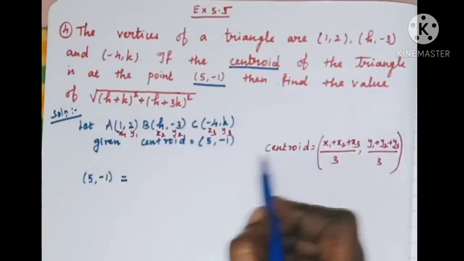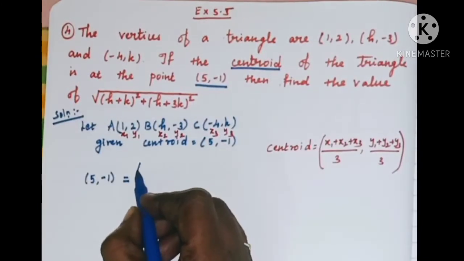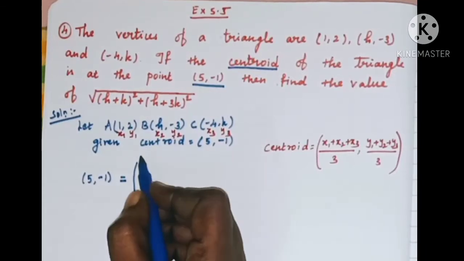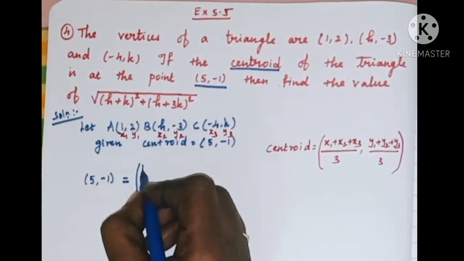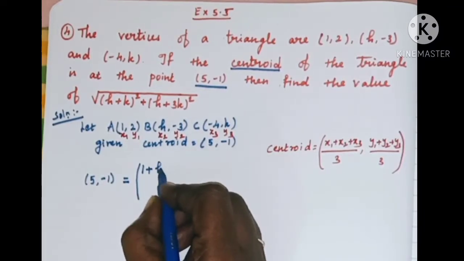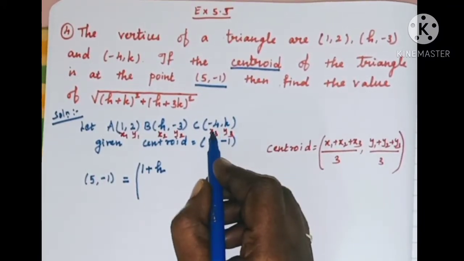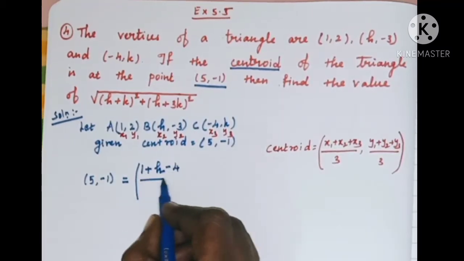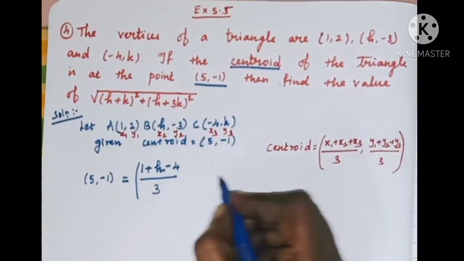Now the centroid is (5, minus 1). Then we have to substitute the values of x1, x2, x3 in these places. So the value of x1 is 1 plus the value of x2, which is h, plus the value of x3, which is minus 4, divided by 3.